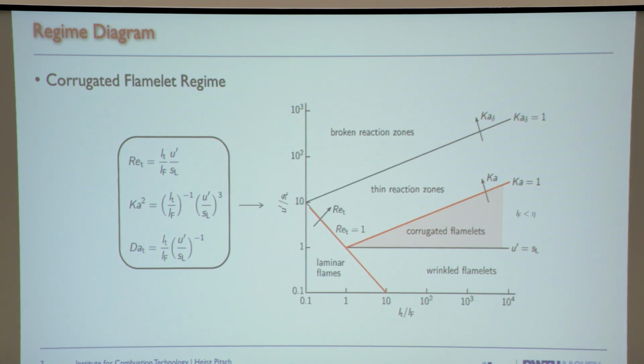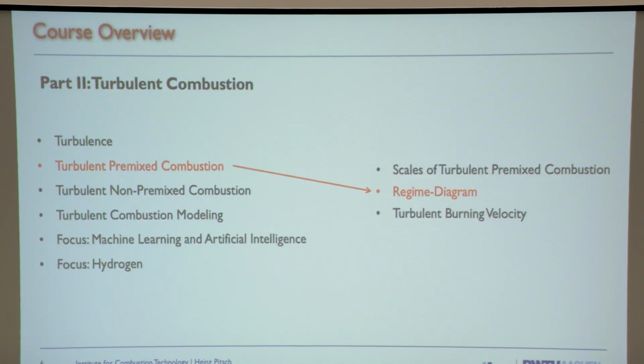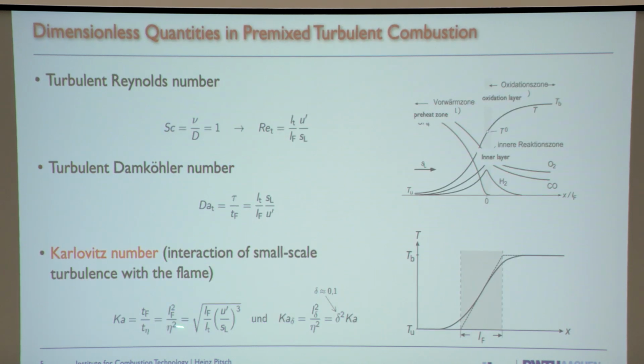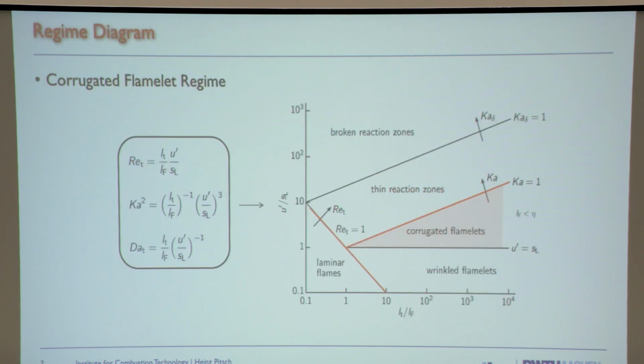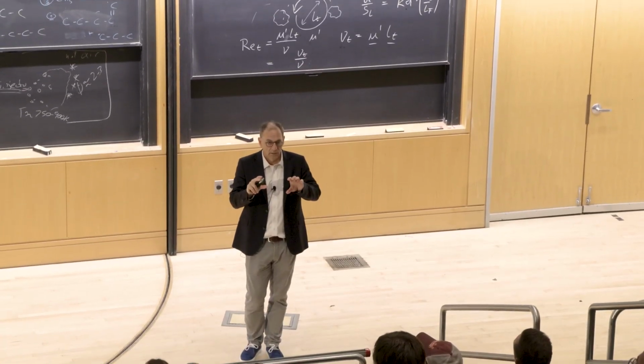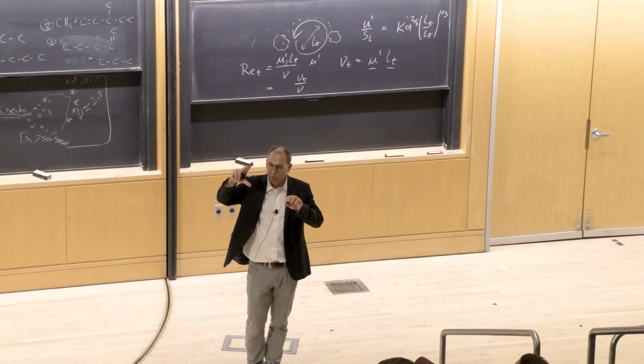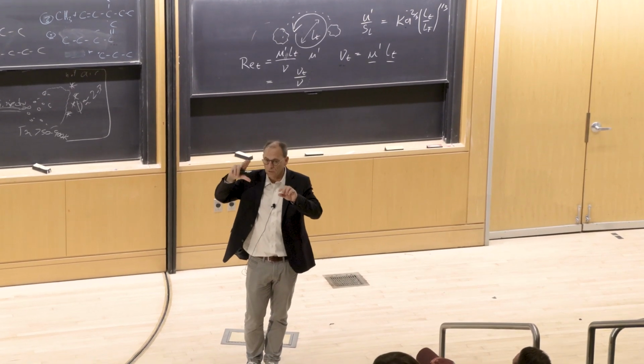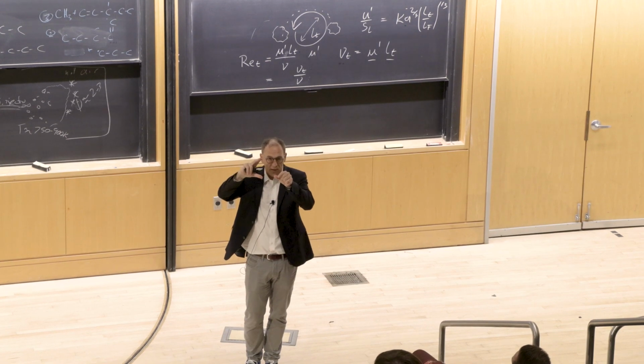Okay, and now we can try to understand what this means. Especially the Karlowitz number is very interesting because, if you think of it in terms of length scales, it compares the flame thickness with the Kolmogorov scale. What does that mean? If the Karlowitz number is very, very small, then even the Kolmogorov scale is very, very large compared with the flame thickness.